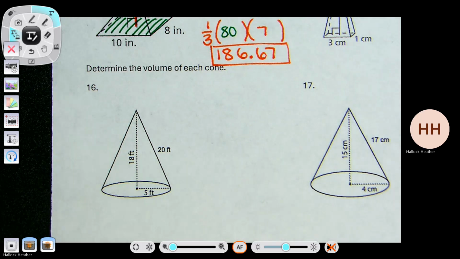Yep. Okay, if you're already done with number 15, try 16. Same thing, but slightly different. People are still working on 15, so keep going.